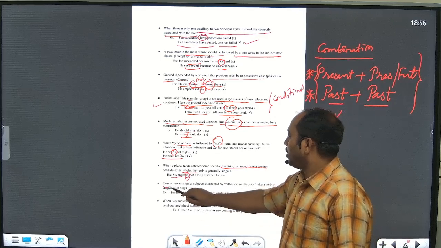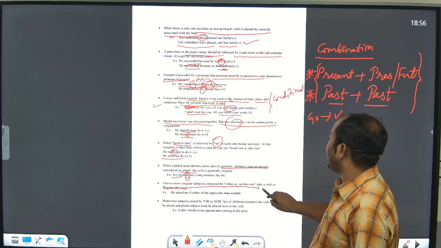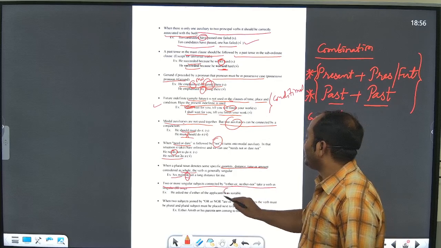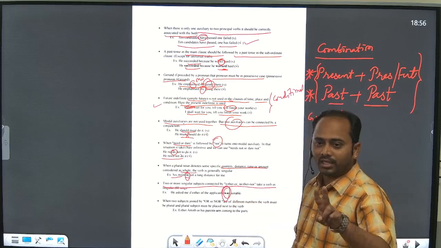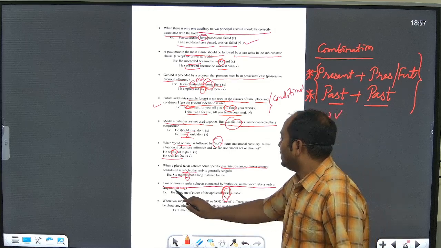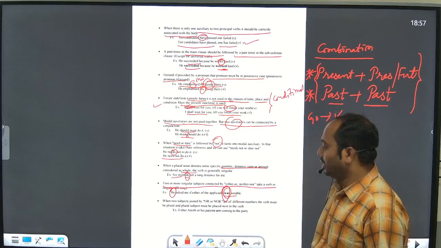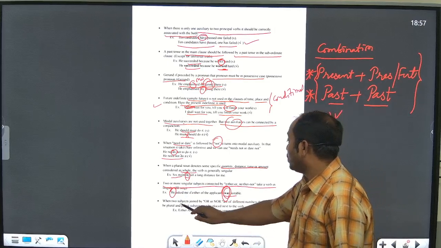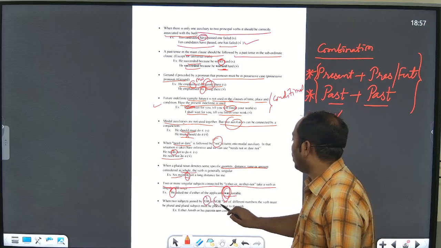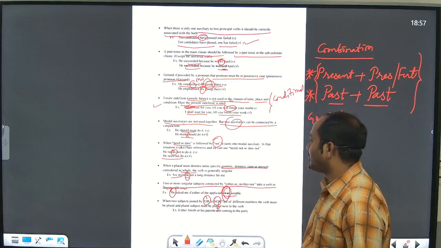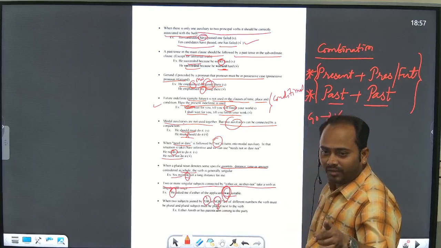And two or more singular subjects connected by either or, neither nor. Either or, neither nor. Already we discussed, it means only two, and the verb should agree with the subject taken first. So automatically a singular verb. And when two subjects are connected by nor or or, then we should consider the plural verb. Either, neither means singular verb.